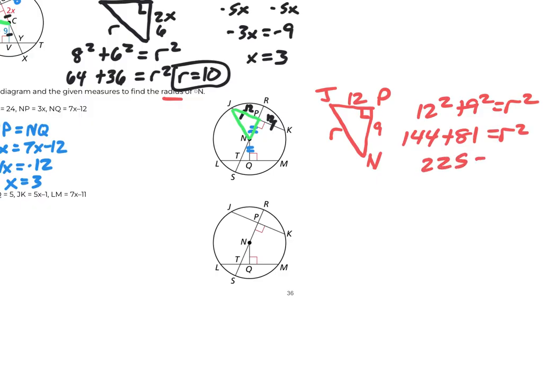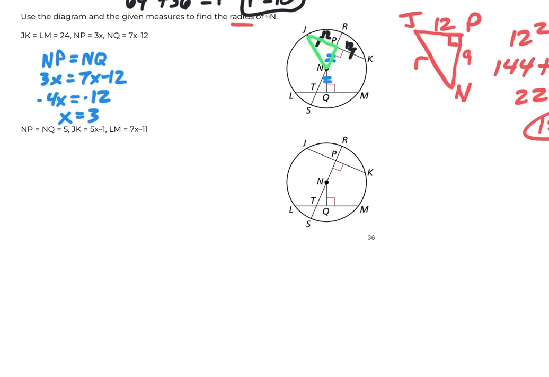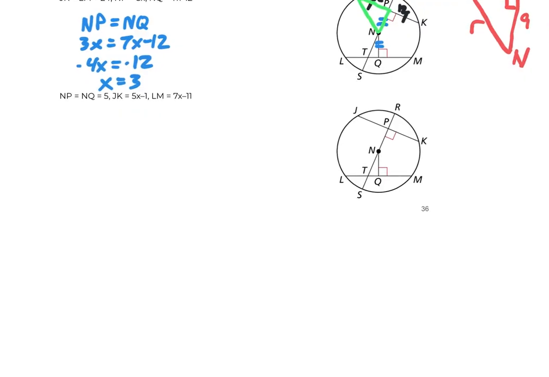Add those together, we get 225, and then take the square root. And we get a radius of 15.